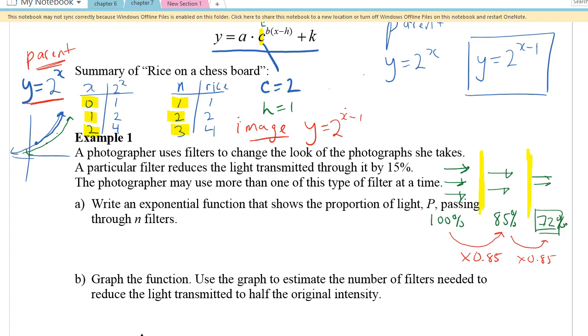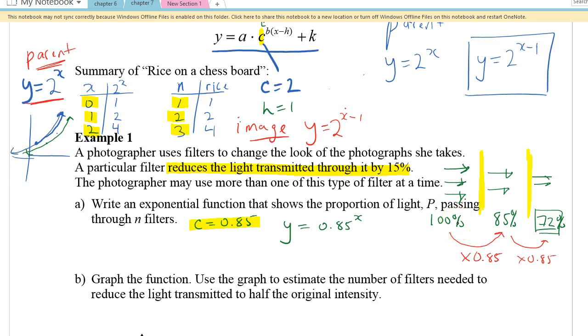So when we make our function, we know that our c value is going to be equal to 0.85. That's the thinking. When you see it's reduced by 15%, that means we're going to be multiplying each time by 0.85. And our base function is going to look like y is equal to 0.85 to the power of x. Our initial amount is 100%.